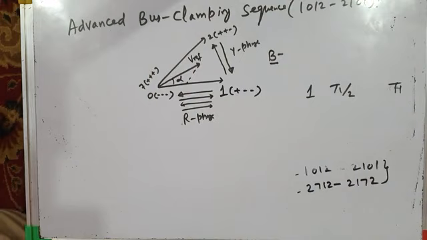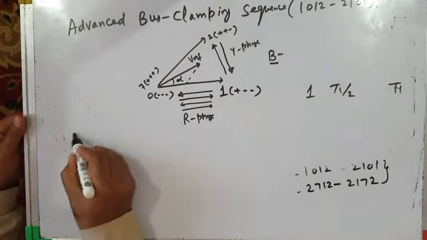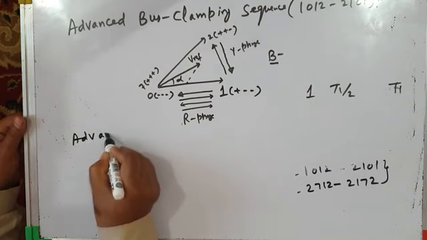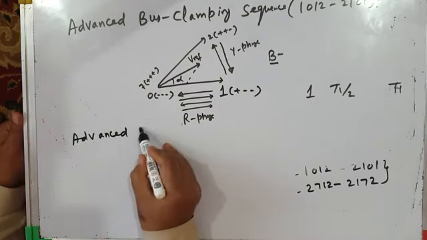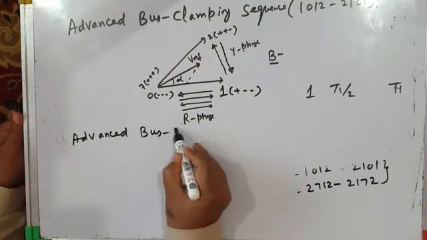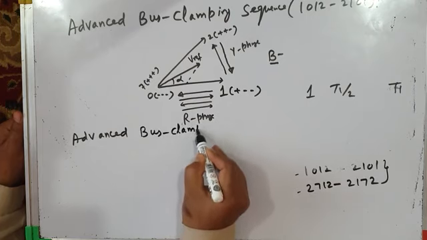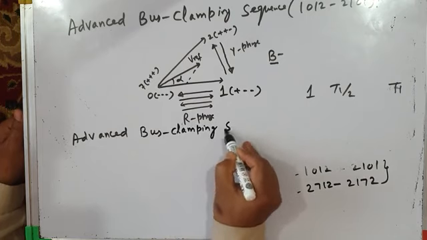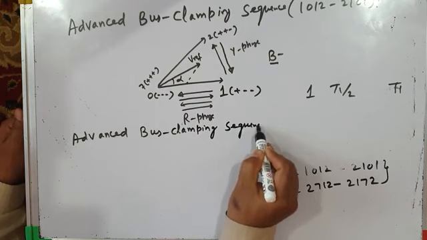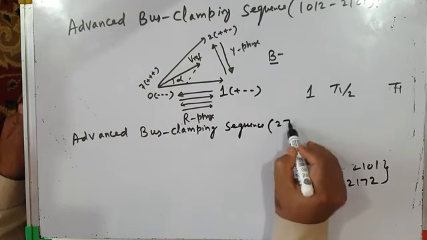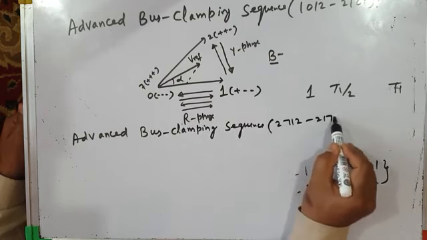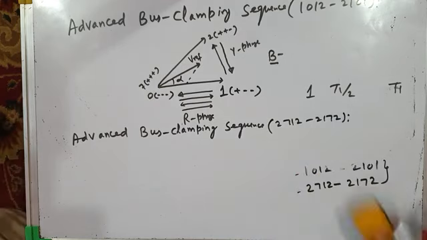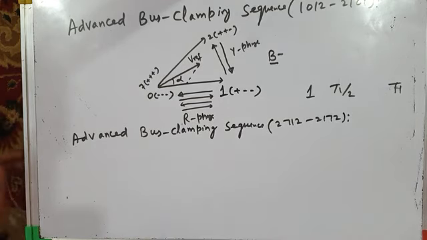Okay. What about advanced bus clamping sequence 2712? I will write here: double switching clamping sequence or advanced bus clamping sequence 2712, 2172. Okay, let us study this.